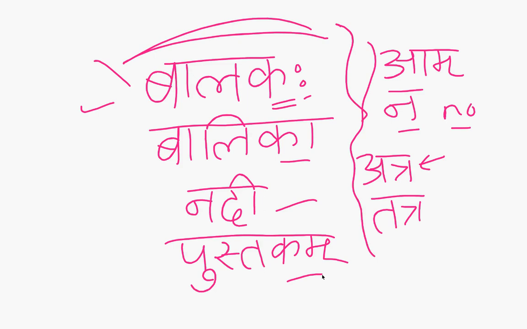So this should be clear to all of you. Okay? We are looking at only simple words like this for now, for our easy understanding, the words ending in a and visarga, those kind of words we are looking at, and they are pullingam, they are masculine gender, like balakaha, ramaha, kandukkaha, parvataha, mushakaha, etc.